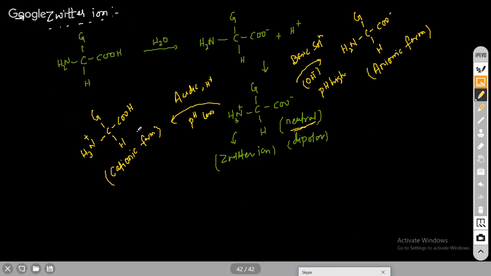Now on the basis of this, there is a concept of isoelectric point, so the next heading you put is isoelectric point.